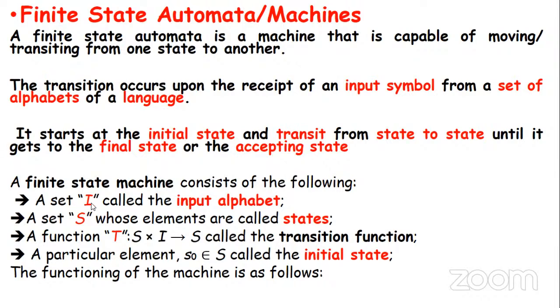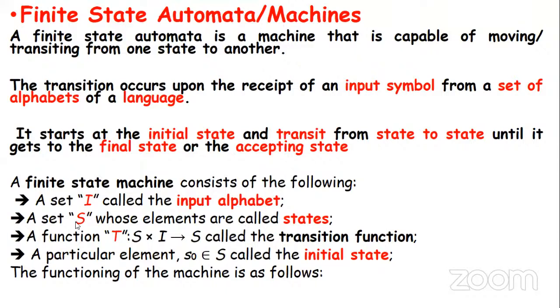Now, I called the input alphabet a set I. So here, we have defined capital I as the input alphabet. That means the input symbol has been defined from a particular alphabet called I. Then a set S, whose elements are called states.